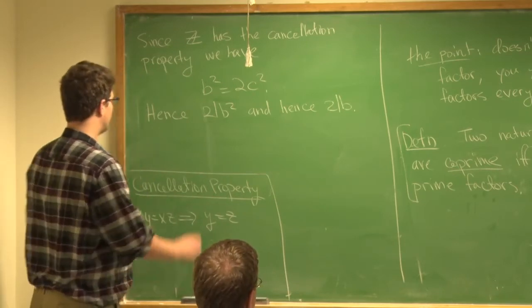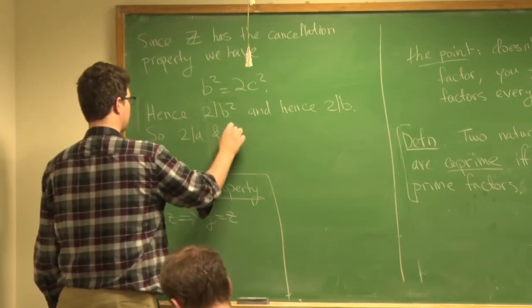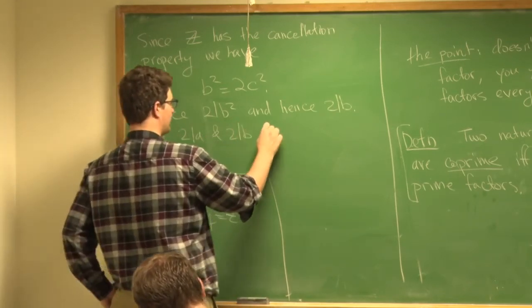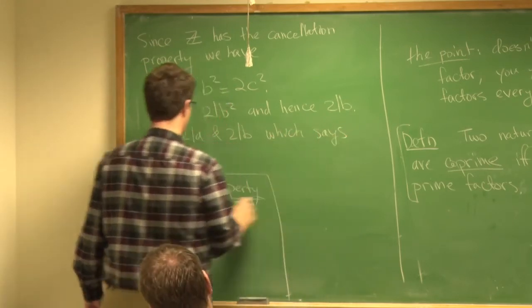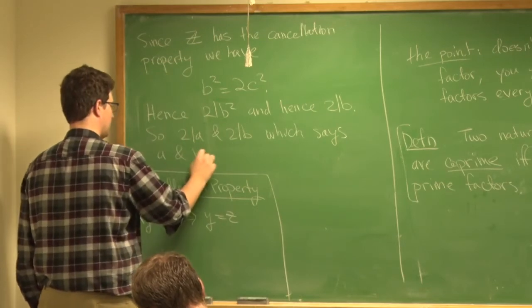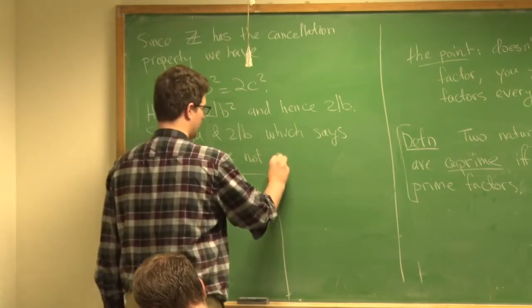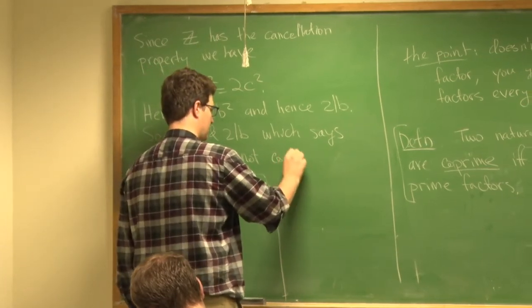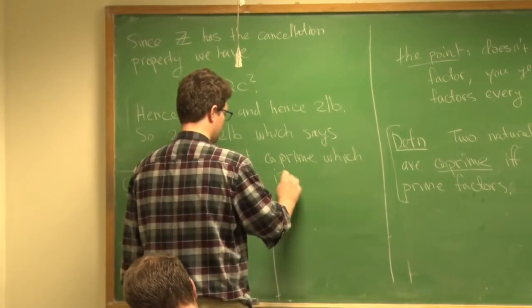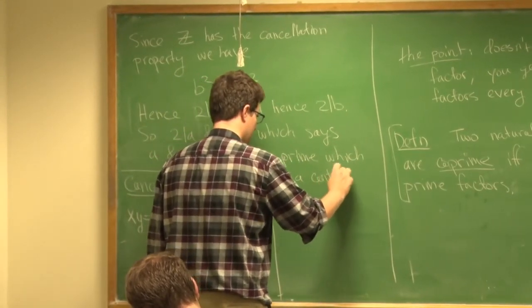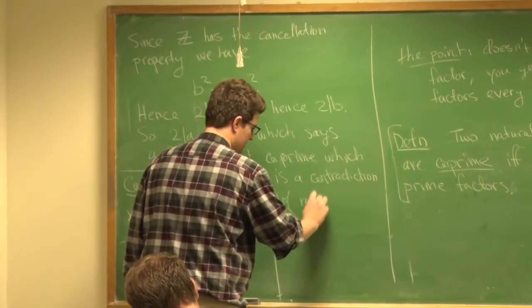All right, so 2 divides a and 2 divides b, which says that a and b are not coprime. They share a factor of 2, which is a contradiction of rationality.